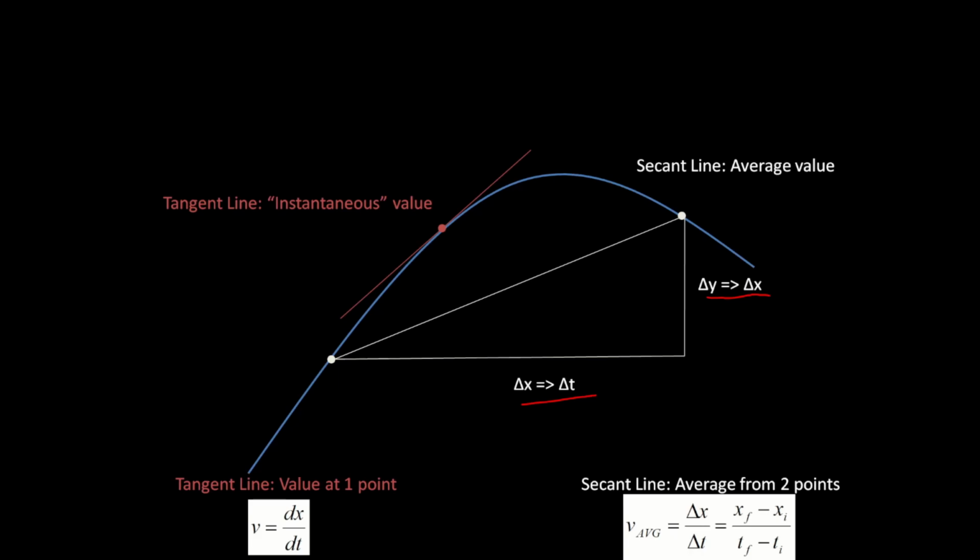So if our rise is position and our run is time, position over time is what we define as velocity. So we get the average velocity from algebra, and calculus gives us the instantaneous velocity with the derivative.